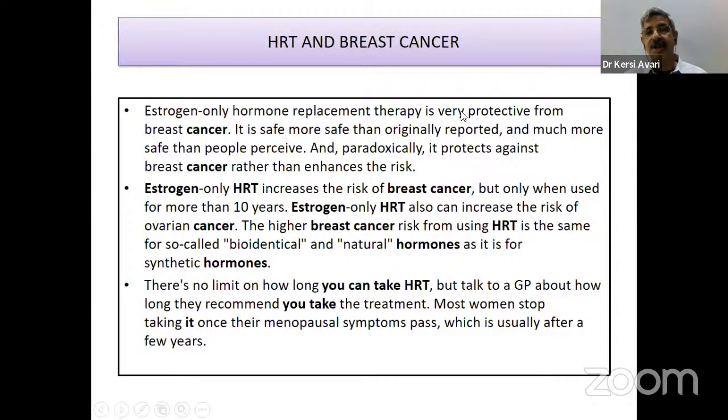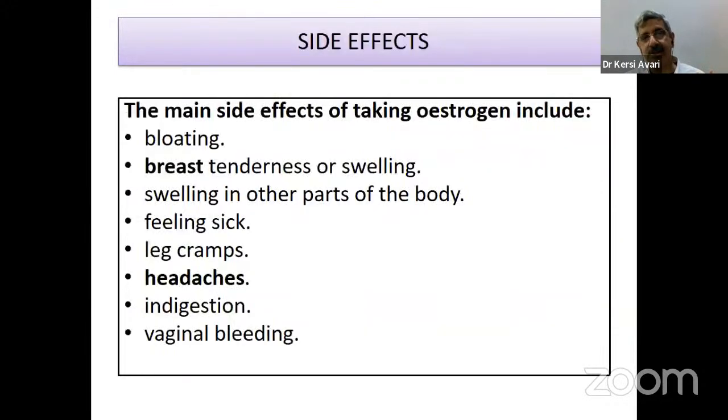Estrogen only hormone therapy is protective from breast cancer, so it is safe. When used excessively for a very long time, some say it was causing some issues, but once the symptoms pass, once you feel that you are back to normal, or you are feeling yourself again, or your body is no longer deprived of those negatives, you can discontinue the treatment.